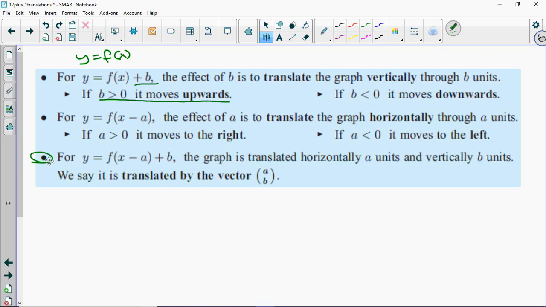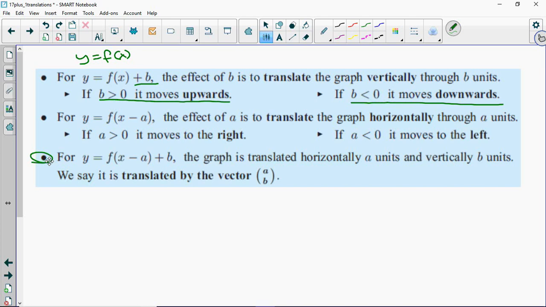If it's a negative number, so in other words, if it's f of x minus some number, then it's going to move down. And I think that should make sense enough, right? Is that not simple? If it's positive, it goes up. If it's negative, it goes down.